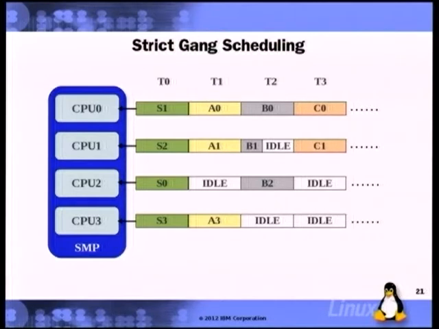Similarly, at T2, B1 runs for a while, does its work, submits an I/O, and is done. After that, we idle it. Similarly, C0 and C1 are only two vCPU VMs, so other CPUs are free, but still they are idle. So this is strict gang scheduling.